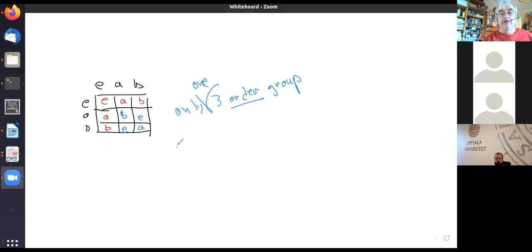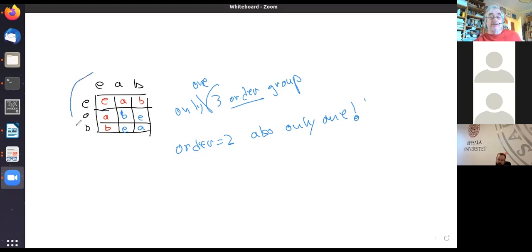If you have order equals 2, there is also only one of these abstract groups. This is a mathematical abstract presentation of a group structure of a set with 3 elements, and we did not necessarily define what kind of operation that should be present, but if it should be a group, there should exist a group table like this.